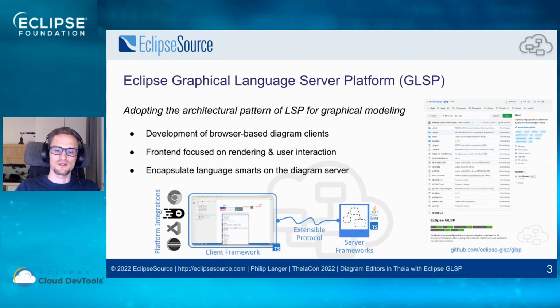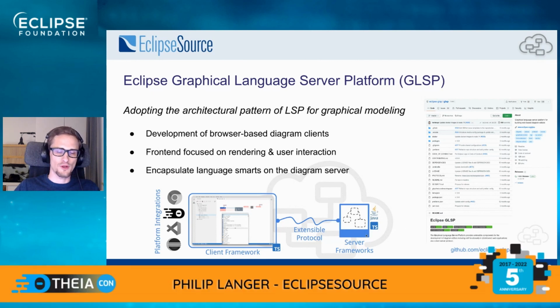The first one is server frameworks that can be used to build specific diagram servers, for instance, a diagram server for UML class diagrams or whatever language you want to build. Then it defines the protocol, so it's basically a definition of all messages that a client and the server can exchange. Note, however, that this protocol is meant to be extended and extensible.